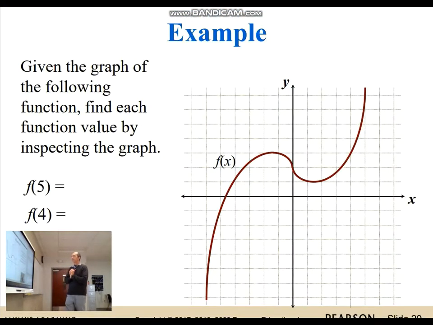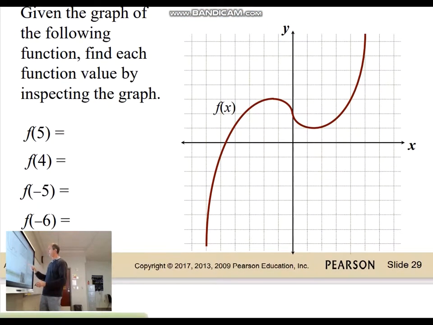A new example. Given the graph of the following functions, find each function value by inspecting the graph. Okay, the first one is f of 5. That means x equals 5. Find x equals 5 on the graph. So we have 1, 2, 3, 4, 5.